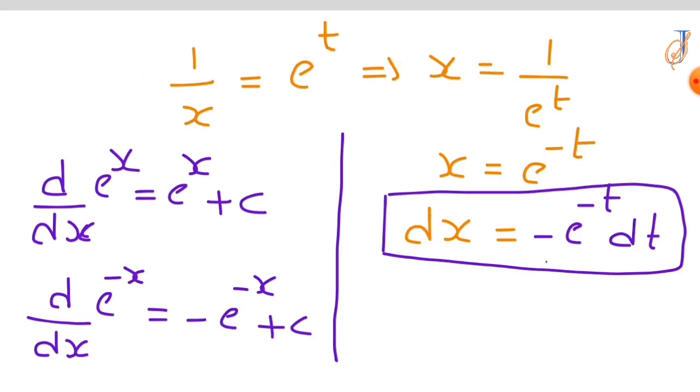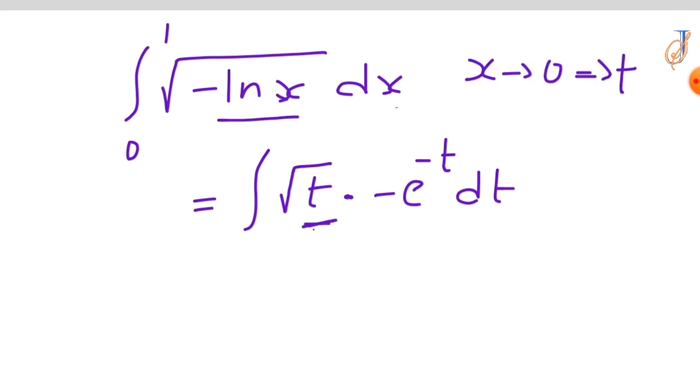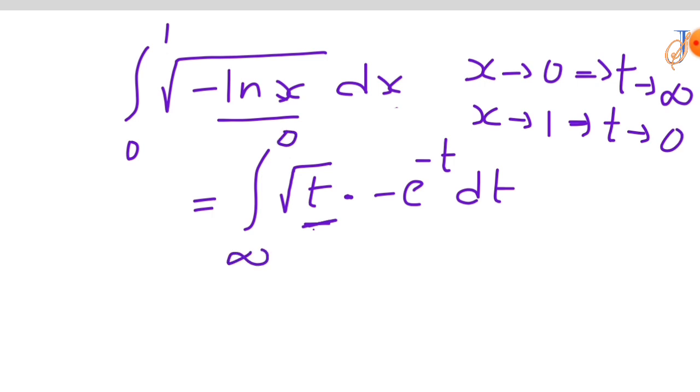The log x we turned into t, so we need to change the limits also. If x tends to 0, then t tends to infinity. If x tends to 1, then t tends to 0. So our limits are infinity to 0.